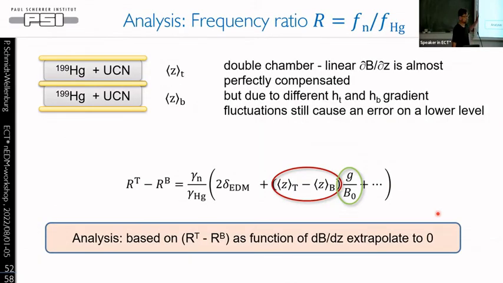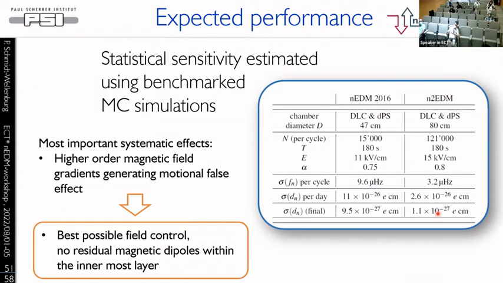Sorry. You explained a lot about the control of the gradient of the field. But then you say that one of the biggest improvements compared with the previous experiment is actually the statistics. Yes, but you first have to improve the statistics, otherwise it's not worthwhile to improve the systematics. Sure. But at the moment we had systematics on the level of 2 × 10⁻²⁷. So if we keep the same level of control, we won't improve much.